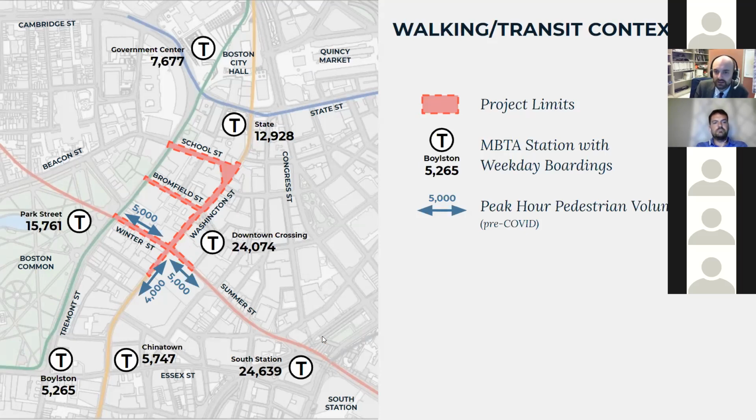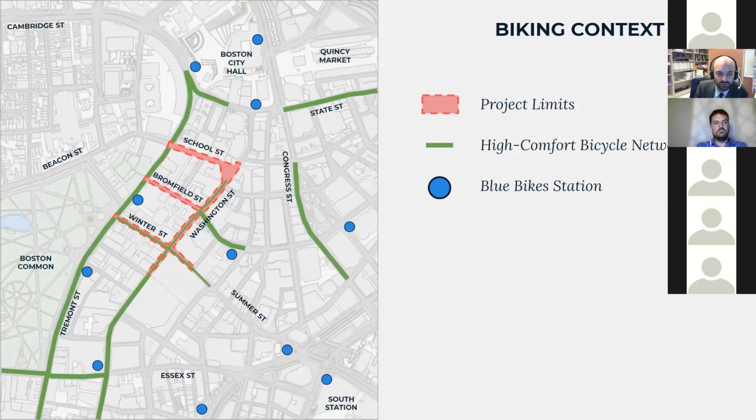So moving along, we can also see the bicycle network that's starting to emerge in and around Downtown Crossing. We have facilities that extend basically up to Temple Place today, on Washington Street, and a facility on Tremont Street going southbound.